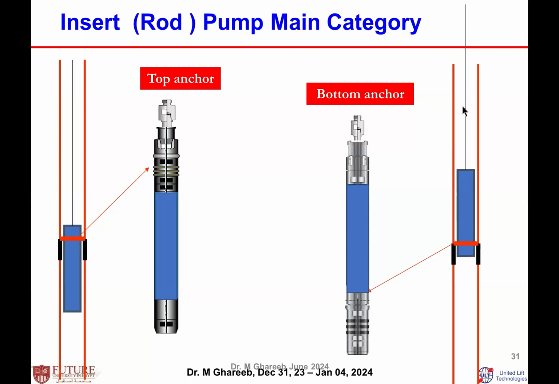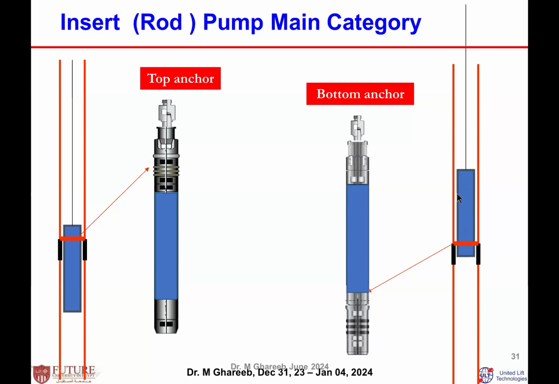You are using API 30, 32, 33, 40, and so on, and even if the fluid is a little bit viscous, and you stop the well for any reason, or just the carrying capacity of the fluid is not high, the sand will settle down in the area between the barrel and the tubing.